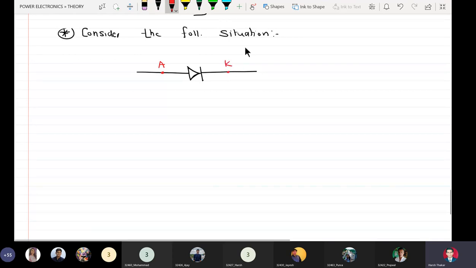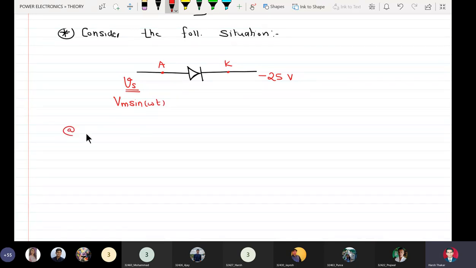I have cathode here. Cathode is connected to a constant potential of minus 25 volts, and here I am having the source voltage Vs, which is obeying the mathematics Vm sine omega t, right?